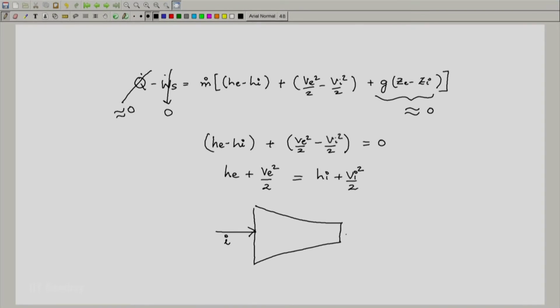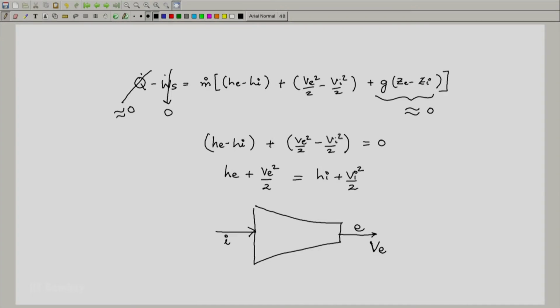We go from a higher pressure and a higher enthalpy to the exit here, and what we really get out is V e. So, we can assume negligible inlet velocity; even if it is there, it is much smaller than V e. So, this is really what we are interested in, V e.